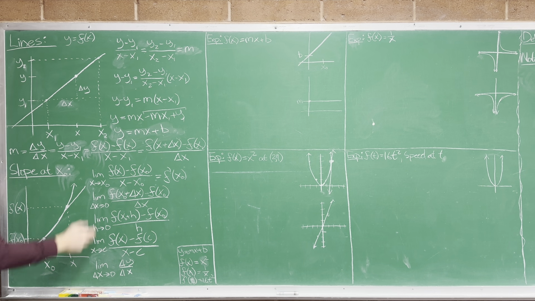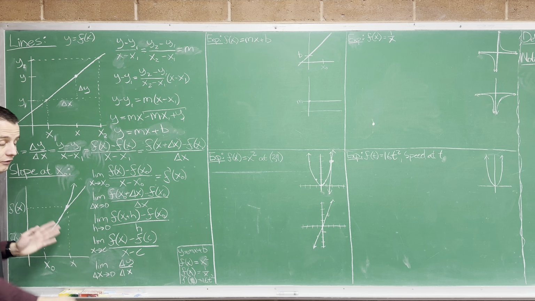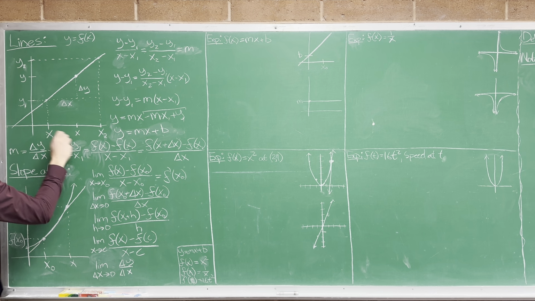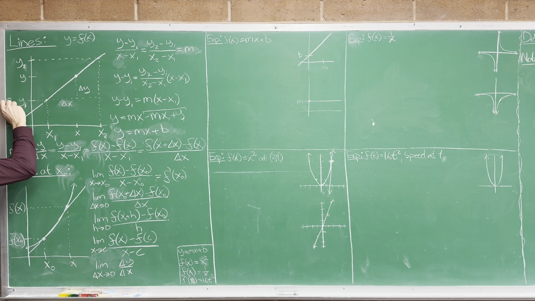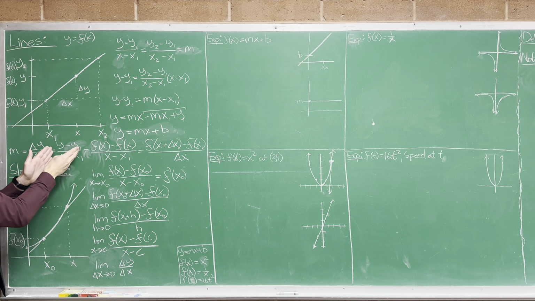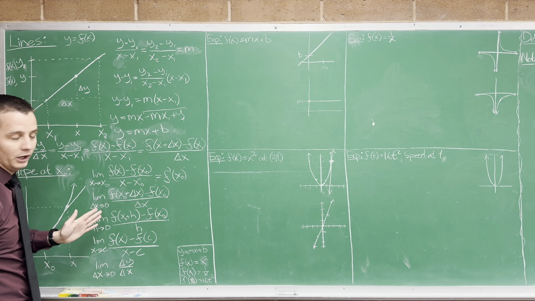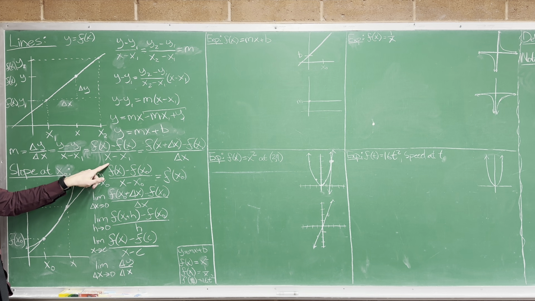And what is y1? It's just the value that you get at f of x1. So f of x1 is the same thing as y1, and f of x is the same thing as y, and f of x2 is the same thing as y2. They're all the same thing.